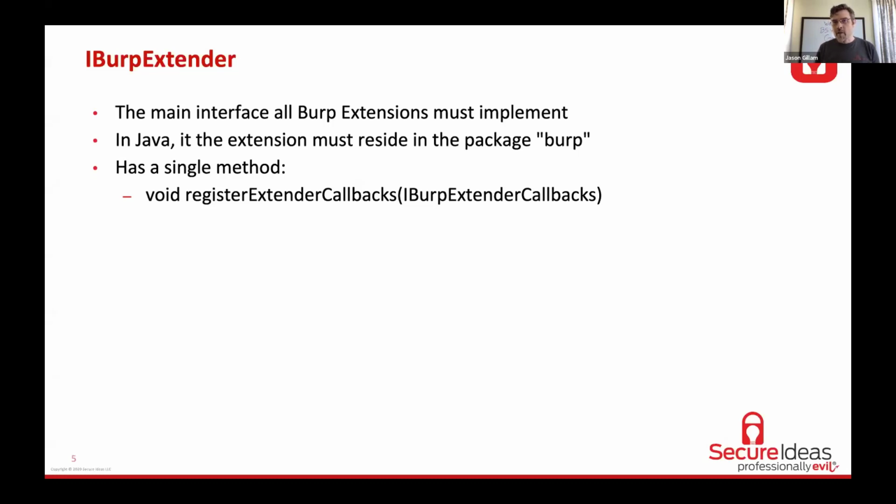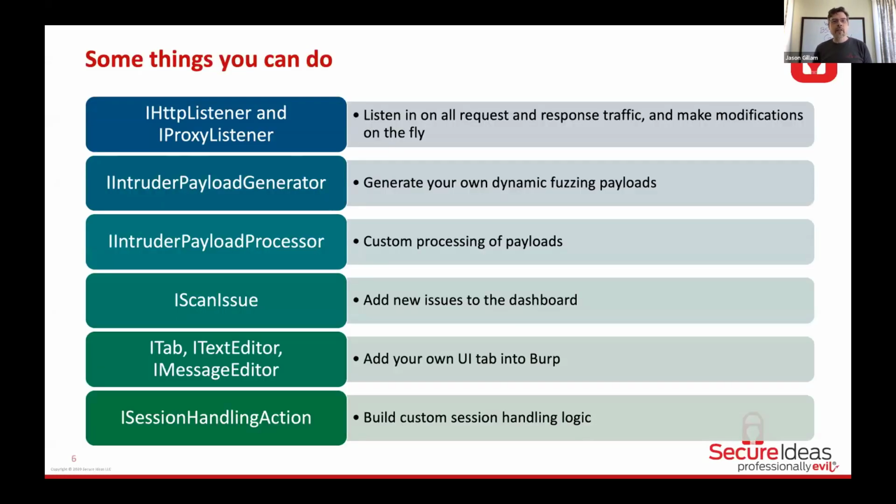You take that callbacks object, and from there, that's where you can call into it to hook into the various different aspects of Burp. And what can you do with that? There's a bunch of very useful, cool things. One of the common ones is the IHttpListener and IProxyListener, which let you hook into all of the Burp history.